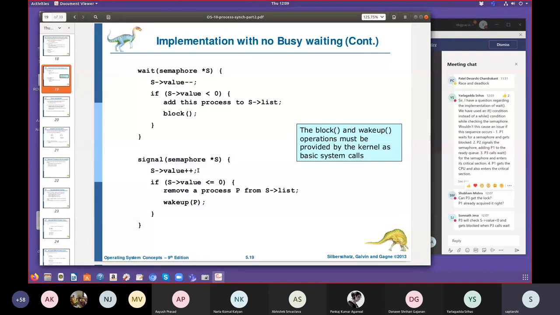But I believe that just because this wakeup is here does not mean that P1 will be returned to the ready queue, and that next time when P1 tries to enter the critical section, it will not wait for the semaphore again.